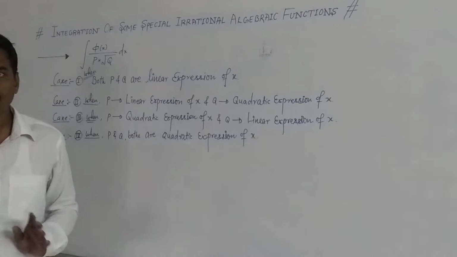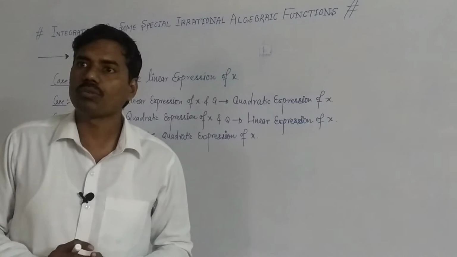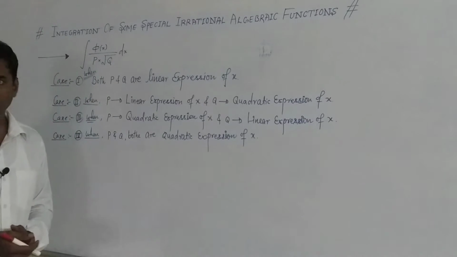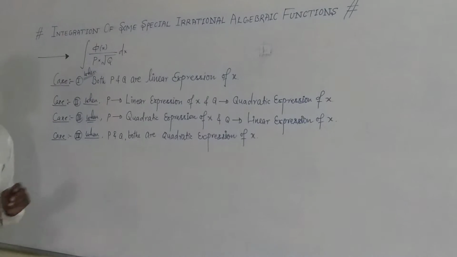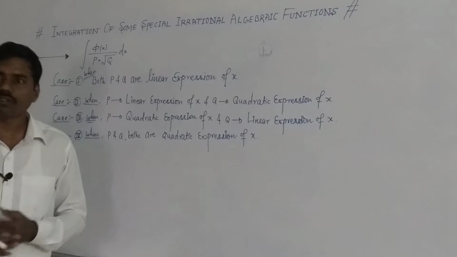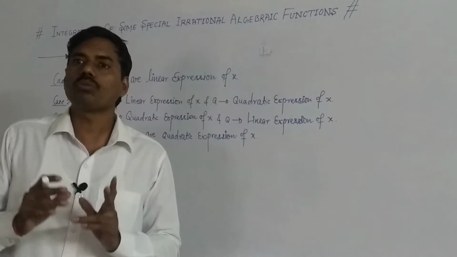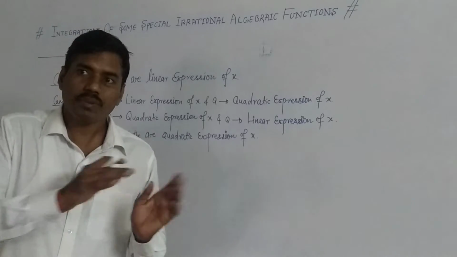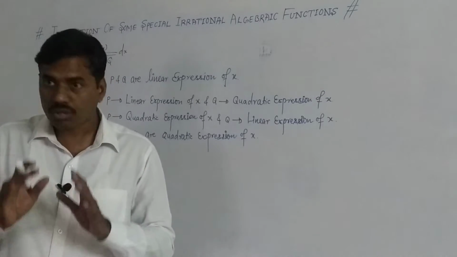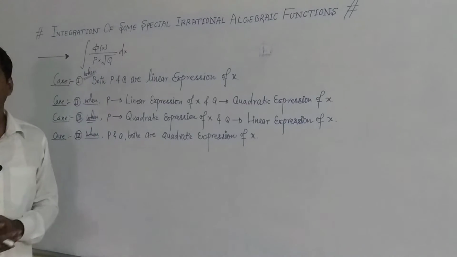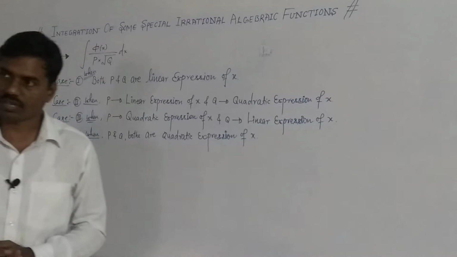In case 4, both p and q are quadratic expressions of x. So these are four cases depending on the nature or characteristic of the two expressions p and q, both of which are present in the denominator of the given fraction.